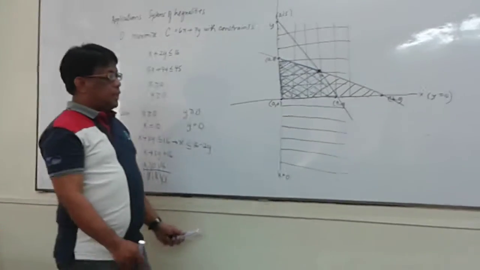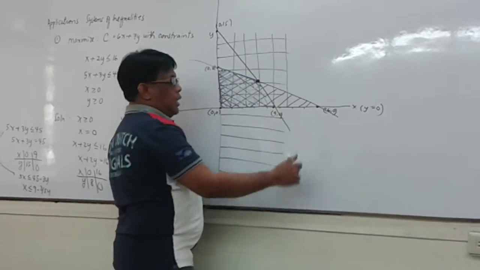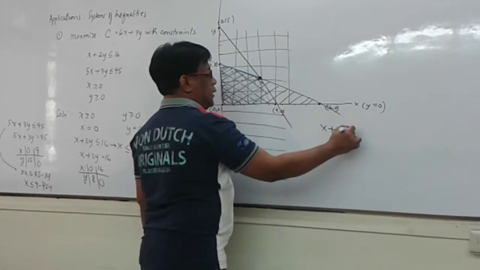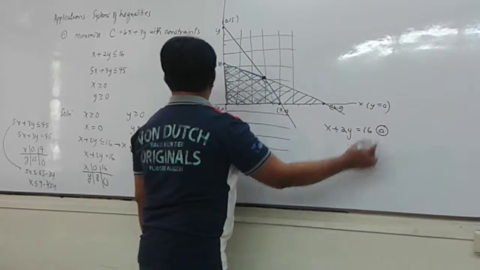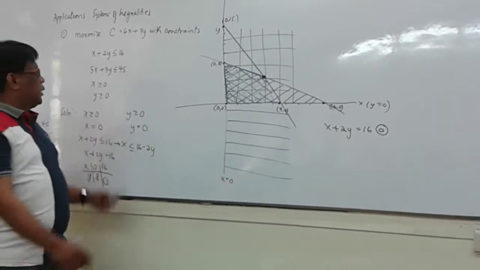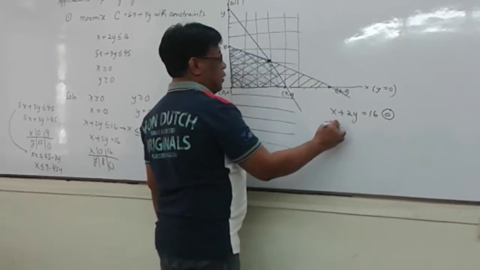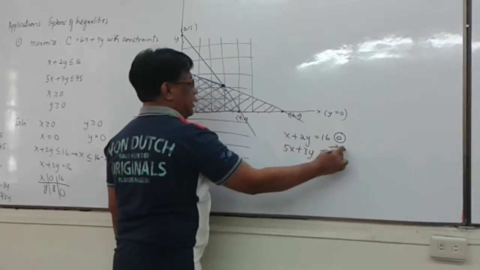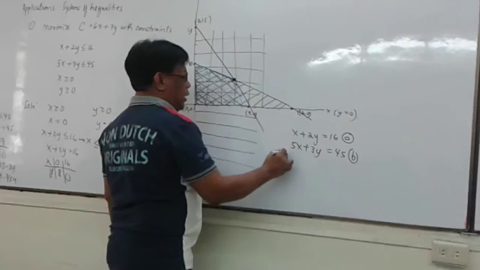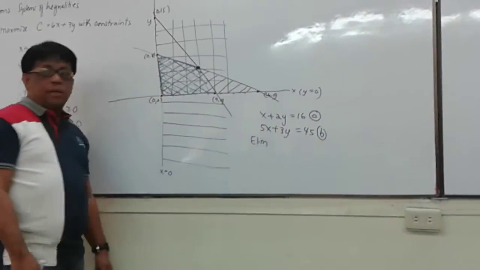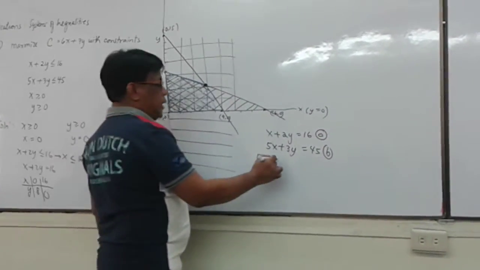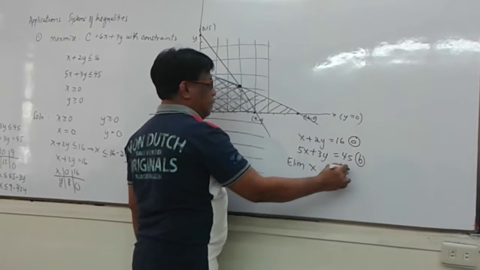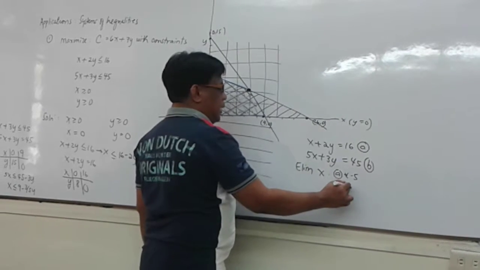Let us change them to equations. So we have x plus 2y equals 16; let us call this equation A. The second equation is 5x plus 3y equals 45; let us call this equation B. Then set your objective: what do you want to eliminate? If you want to eliminate x, let us have equation A multiplied by negative 5 and equation B multiplied by 1.